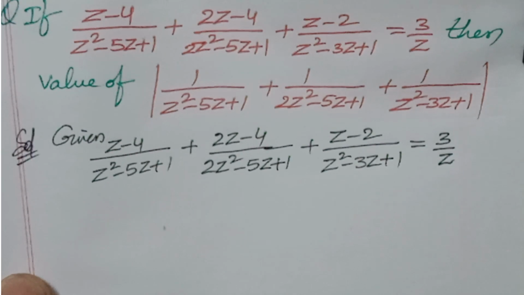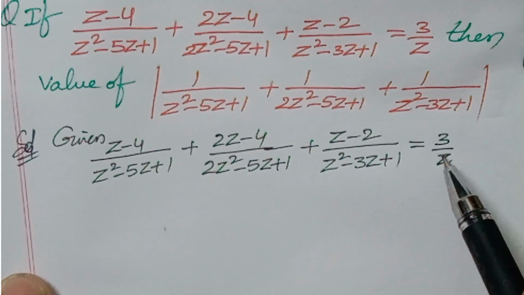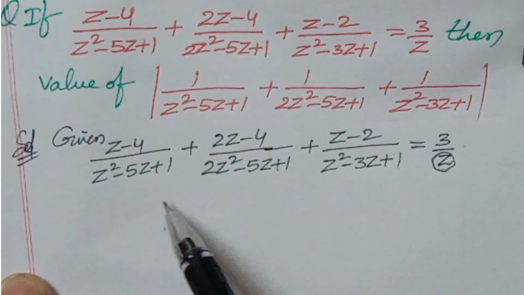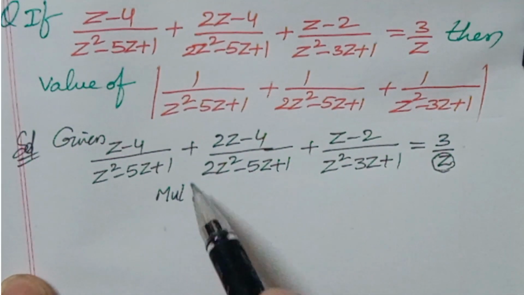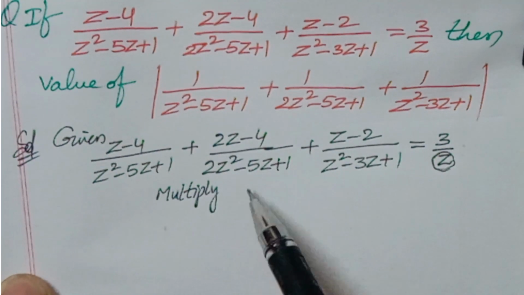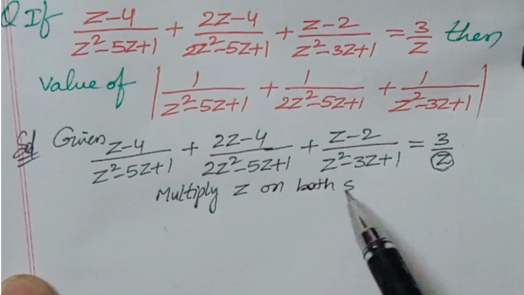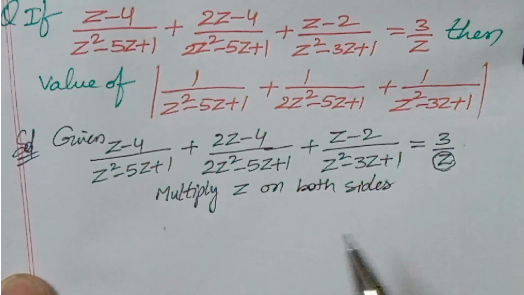So here, if you want to remove this z in the denominator, multiply z on both sides. Multiply z on both sides.